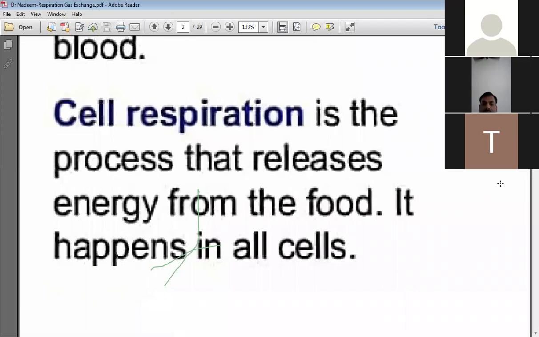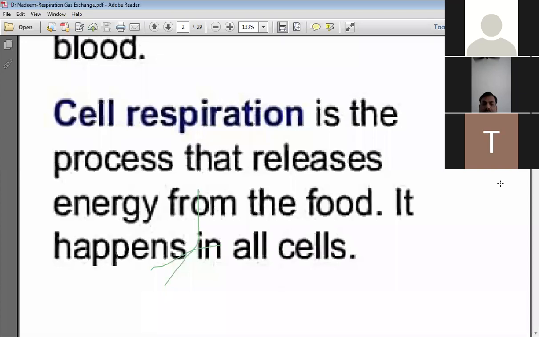Cellular respiration is taking place inside all the cells for the need of energy for their functions. It is the process that releases energy from food. The food we take, how is energy obtained from it? It is through the respiration process.